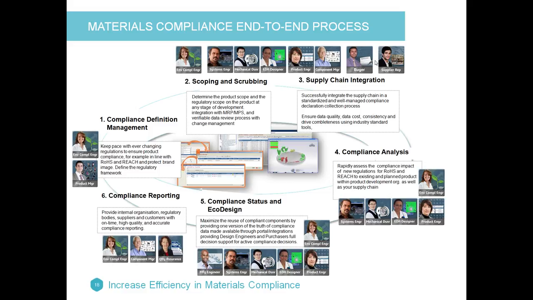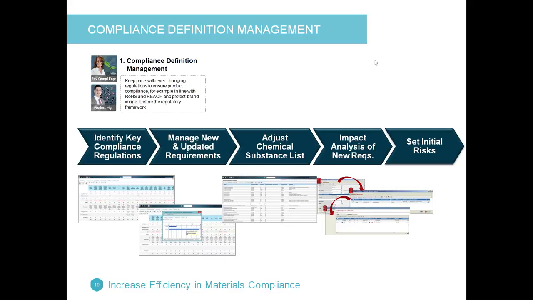If we look at the more general process, regardless of what compliance definitions that you are affected by, there are different steps that you need to go through. And of course, the first one is to actually set the compliance definitions for your company. That is something that is usually done together with the compliance engineer, together with the product manager, to define, of course, the regulations in place, of course, for your products, but also for your company, where your markets are, where you sell.